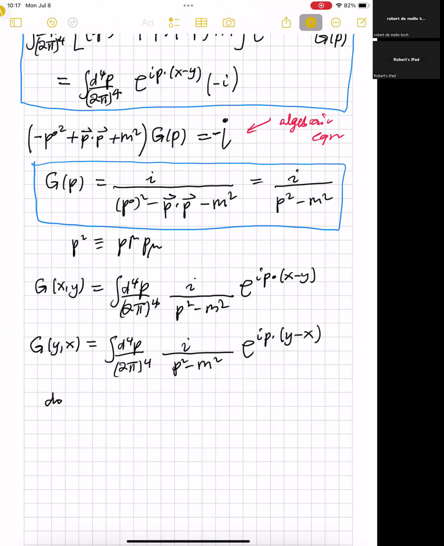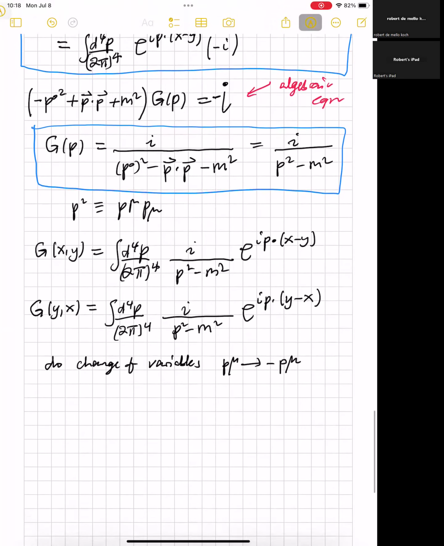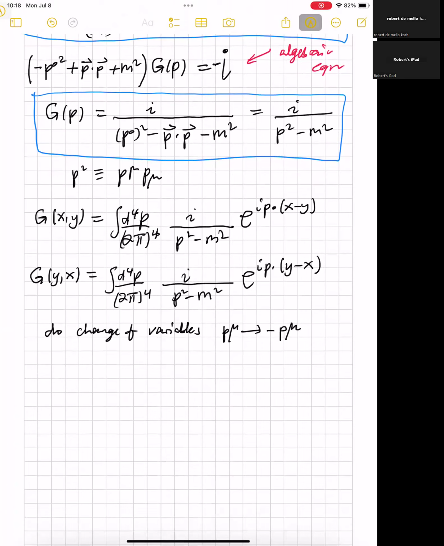Now I want to make a change of variables. I want to take p mu and change it into minus p mu. Okay. So I'm going to be very quick, but I think you know enough to do this in complete detail and convince yourself that I'm not sneaking in anything under the carpet.